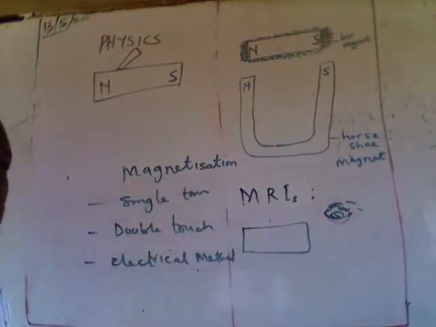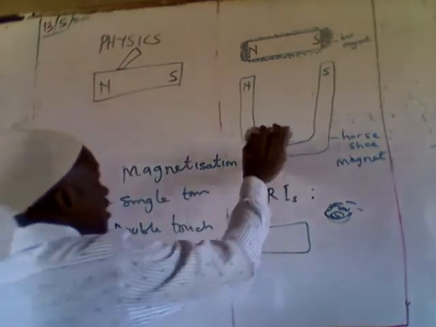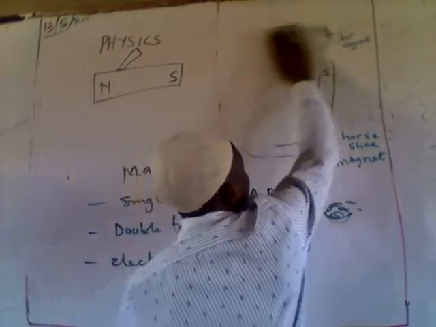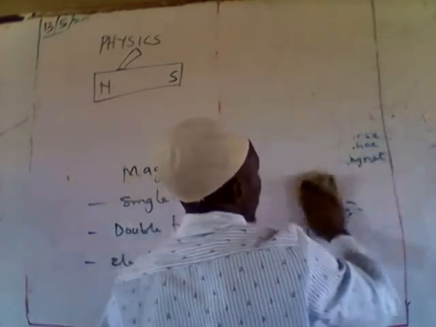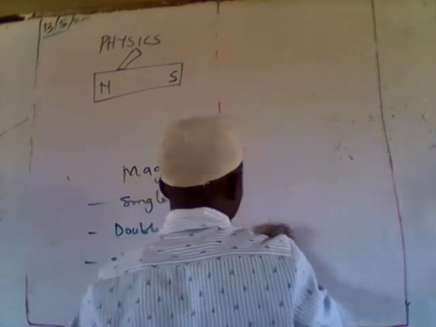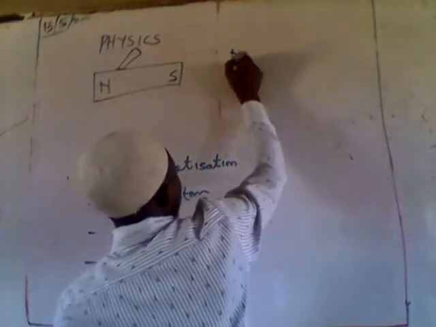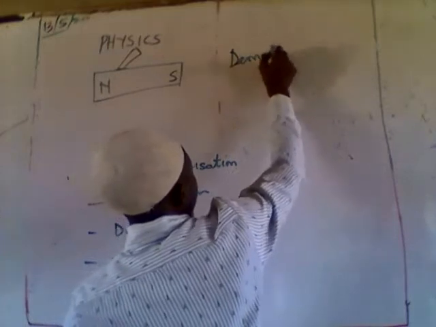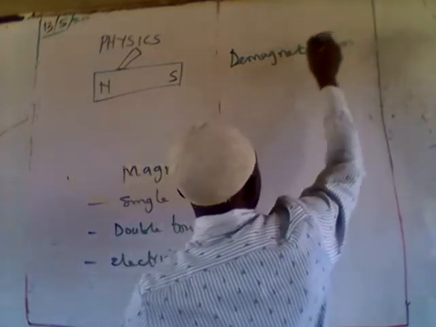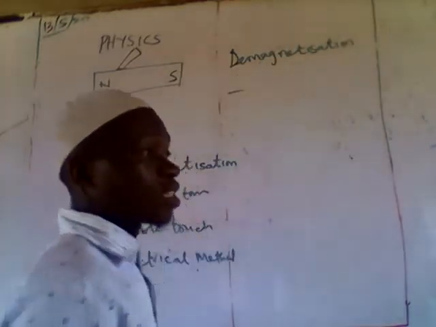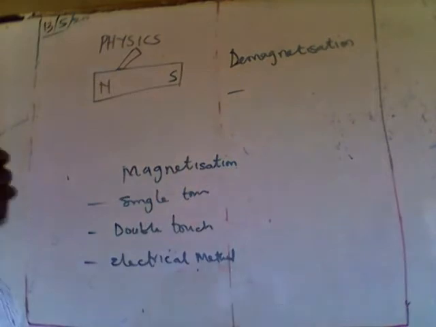And what are the methods of that? How do you demagnetize a magnet? One of the methods of demagnetizing a magnet, number one, is called the hammering method. As I have defined, demagnetization is the process of reducing the magnetism of a magnet.